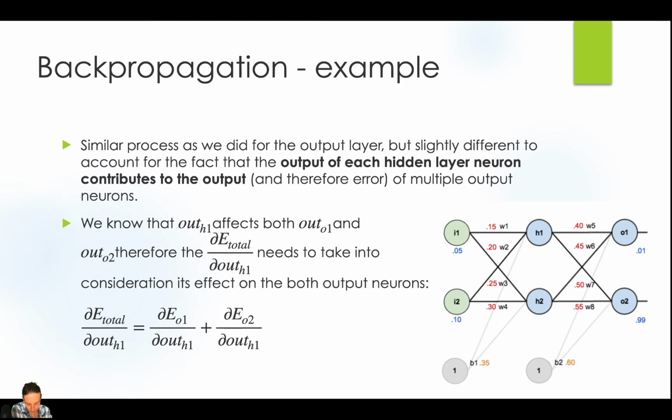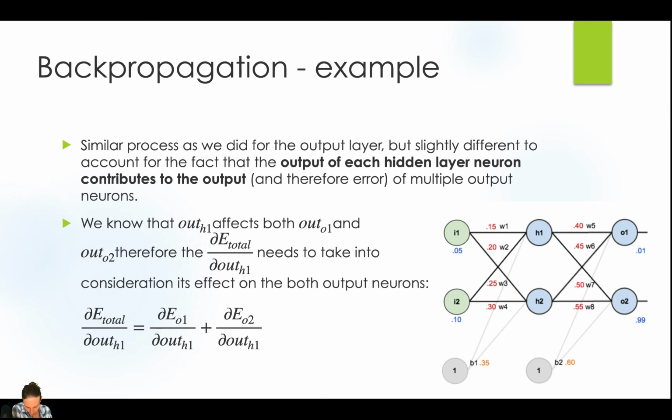So it's a very similar process, but we have to take into account that the chain is longer basically, right? So the output of each hidden layer neuron contributes to the output and thus also the error of multiple neurons. Okay.